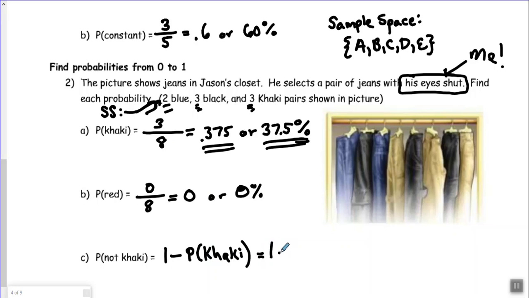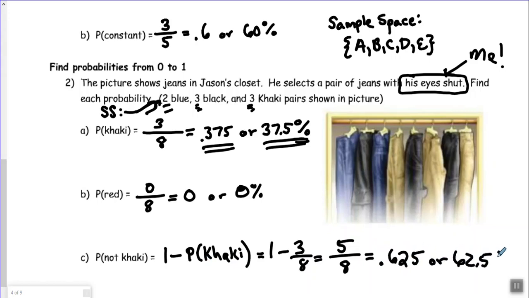So if I do 1 minus that 3/8, well, that's 8/8 minus 3/8, and that is 5/8. Did you have to do the question that way? No, absolutely not. However, in some cases, you're going to want to know how to use a complement, and that's exactly how to use it. Okay, so this is the decimal 0.625 or 62.5%.